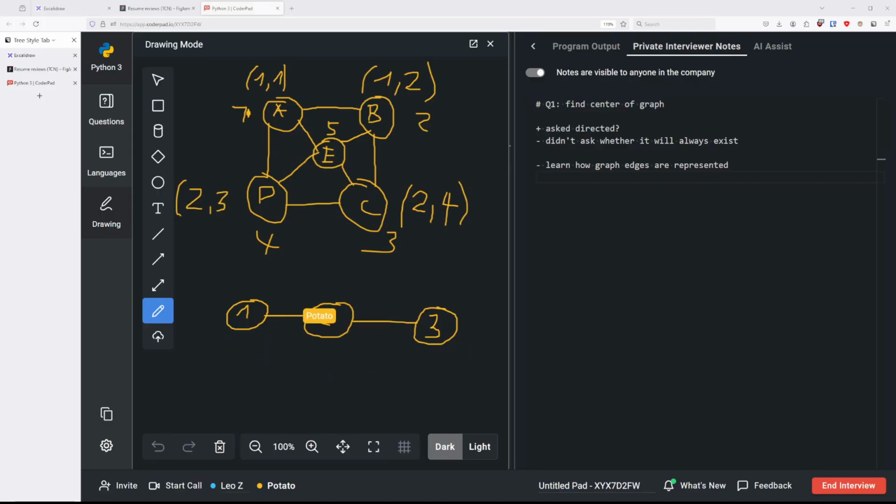In this case we will return 2, right? That would be the center of the graph. Is that correct? Okay, makes sense. Thanks.